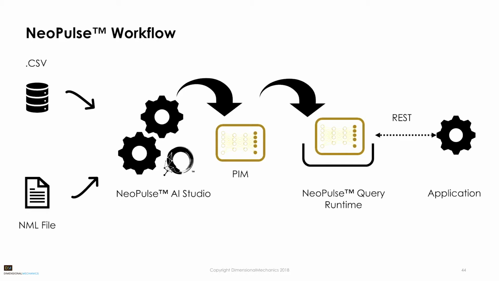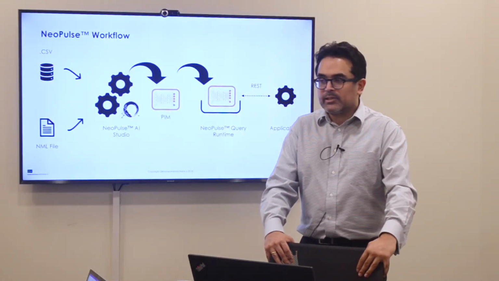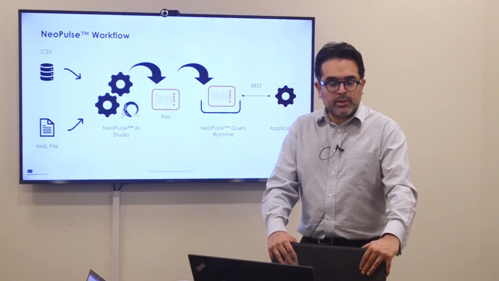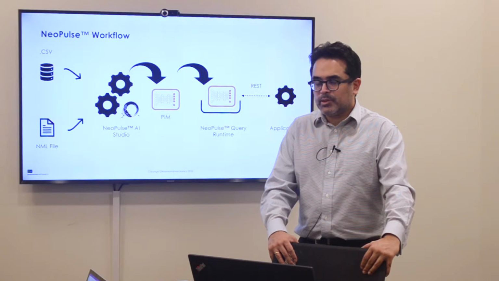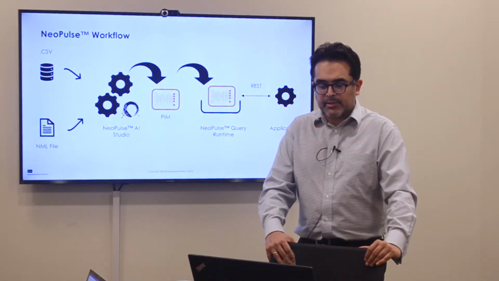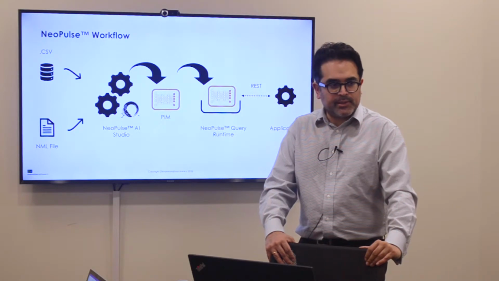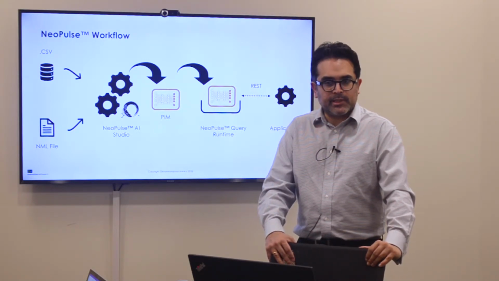It's the easiest way to ingest. It's also extremely efficient because it's a flat file. And NeoPulse has some very efficient ways to ingest that information. It's leveraging a lot of the techniques that are used in deep learning and big data in terms of how you ingest it, and some of the I/O operations that make it efficient.